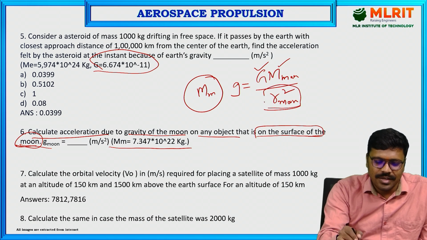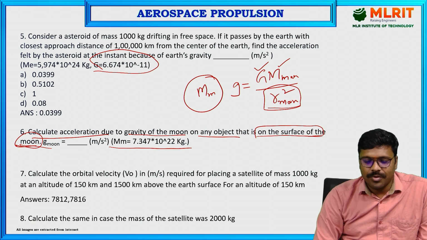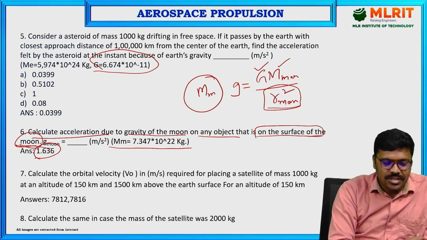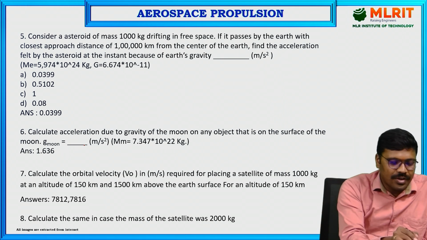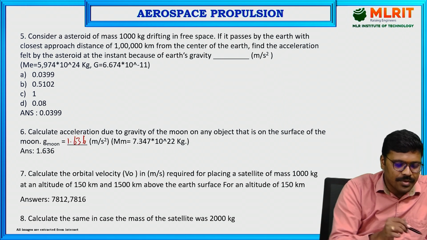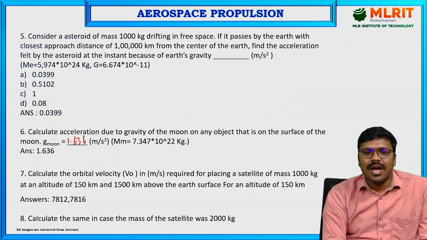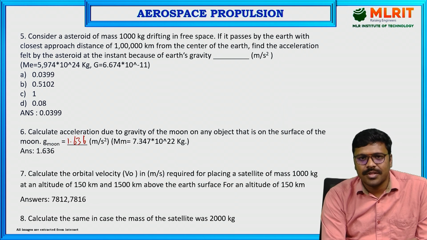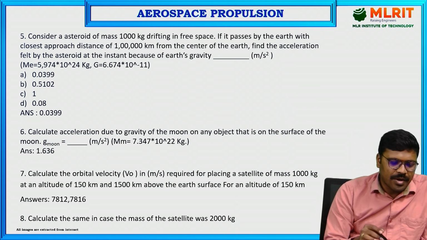Substitute the radius of the moon, then you will get the answer as 1.636 meters per second square. 1.636 meters per second square is the acceleration due to gravity on the moon's surface due to the moon's gravitational force.